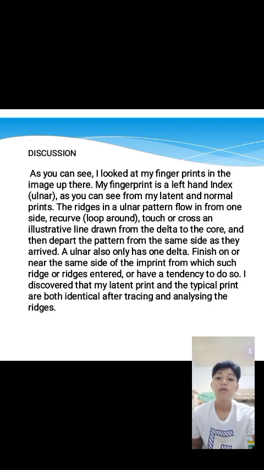As you can see from my latent print and normal prints, the ridges in the ulnar pattern flow in from one side, recurve, loop around, touch or cross an imaginary line drawn from the delta to the core, and depart the pattern from the same side as they arrived. An ulnar loop also has only one delta, and the ridge or ridges enter on or near the same side of the imprint from which they tend to exit.